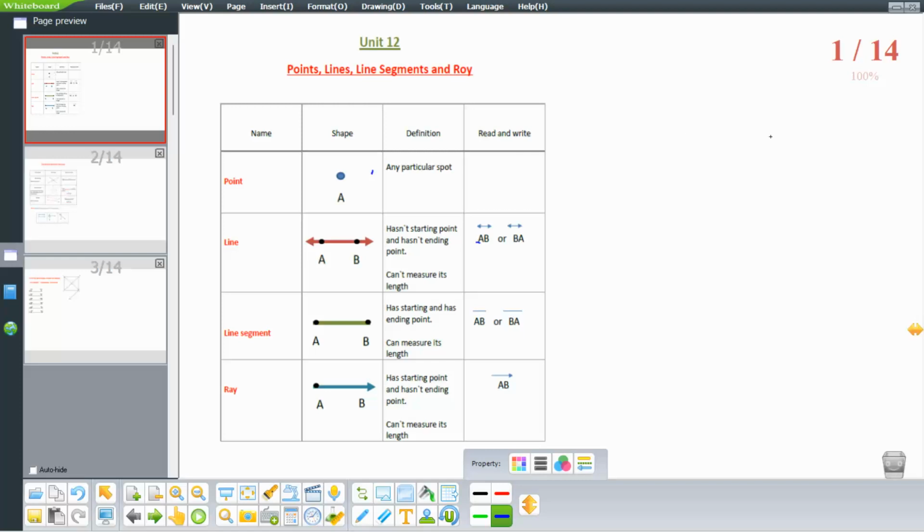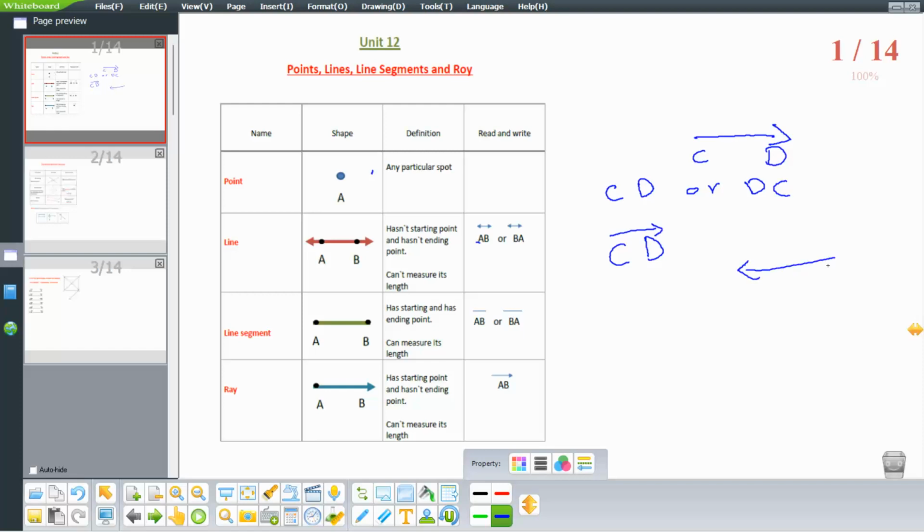So, if I have a line segment like this, we can read it as CD or DC. But if it was a ray, we can read it as ray CD.